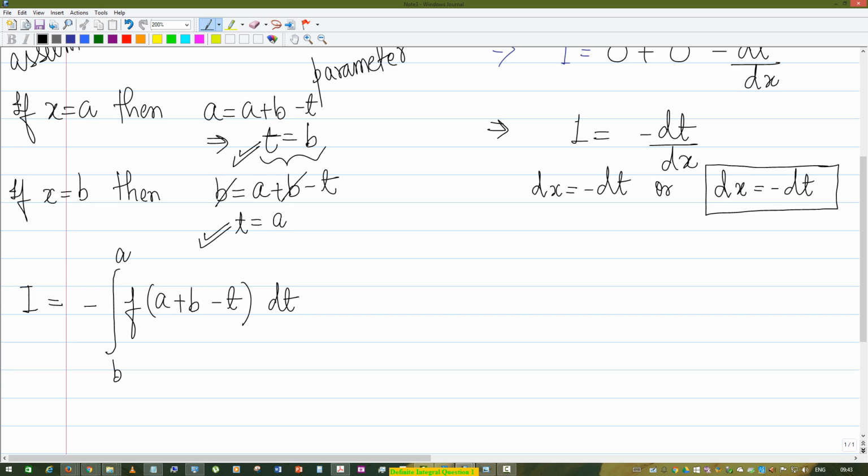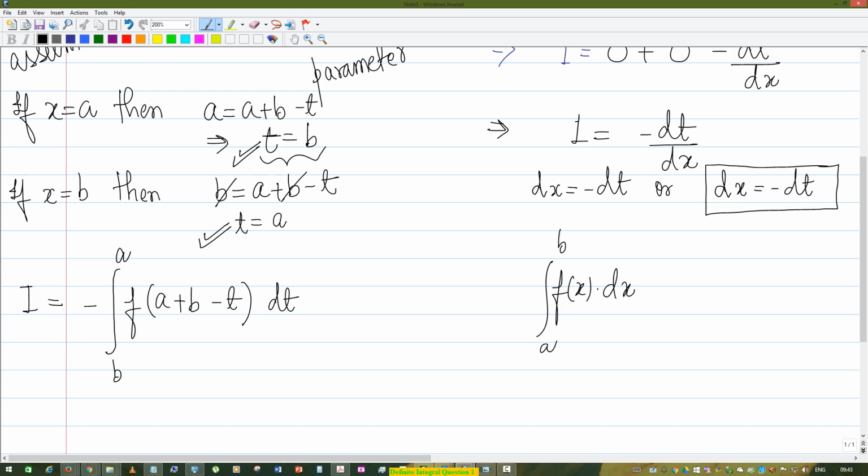Okay, so what we actually did was that initially, if we compare the expressions, it was a to b f of x dx.